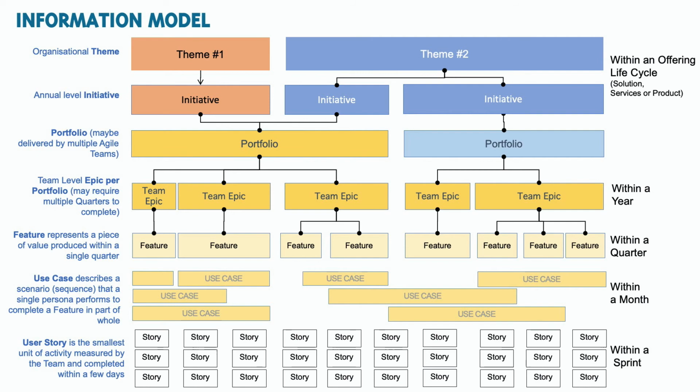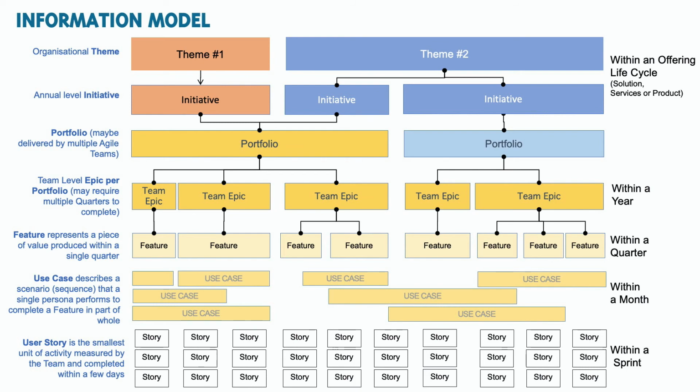Furthermore, establishing a common information model will reduce the complexity of financial and resource management systems and reporting tools. The recommended information model presented here incorporates the OKR method, which has gained widespread adoption across Agile organizations.